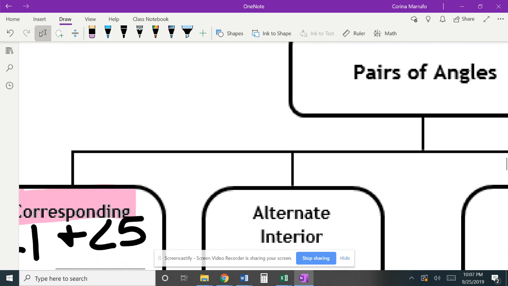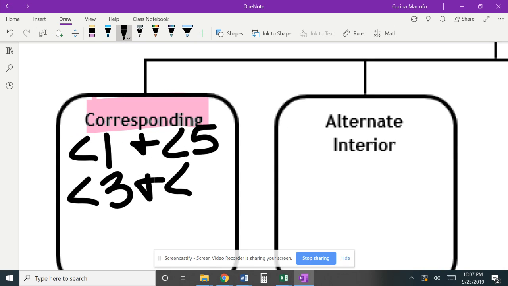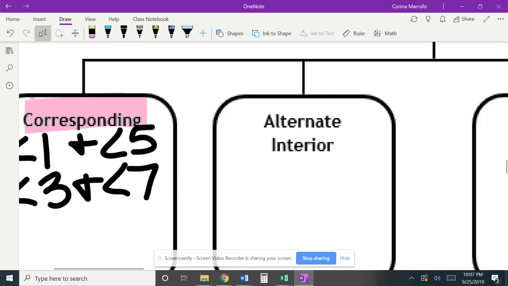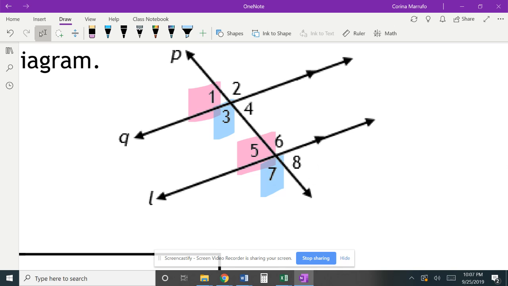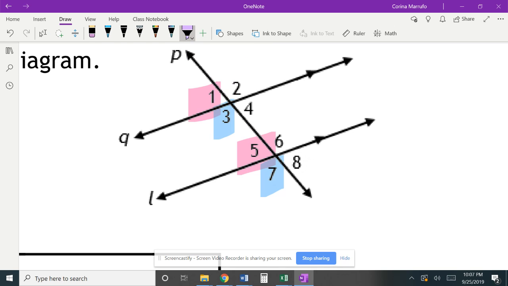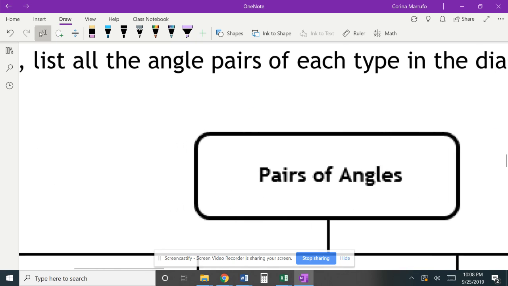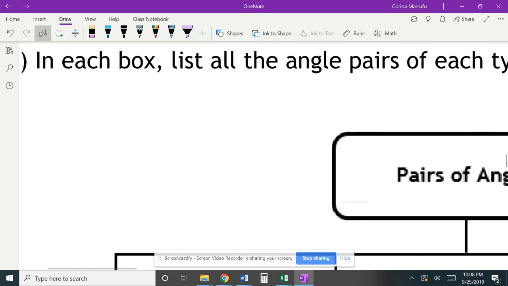I'm going to put angle 3 with angle 7. Next, it is going to be angle 8 and angle 4. They're both below the parallel lines and they're both to the right of the transversal. So those are corresponding angles. I already forgot the numbers, 4 and 8.